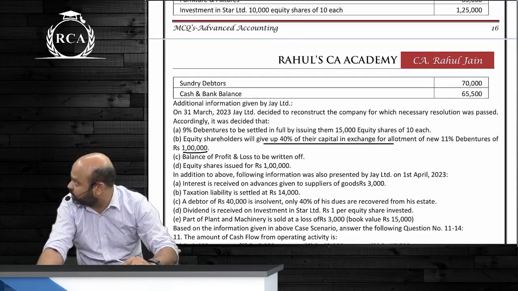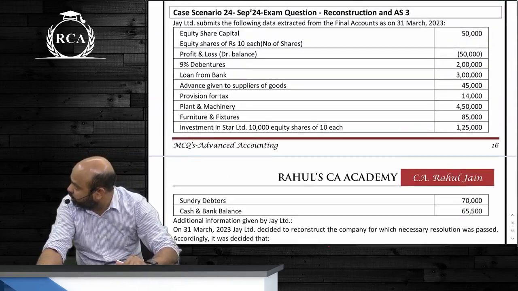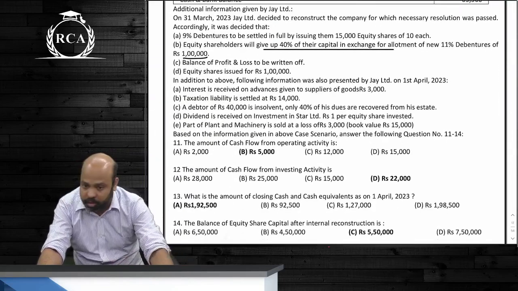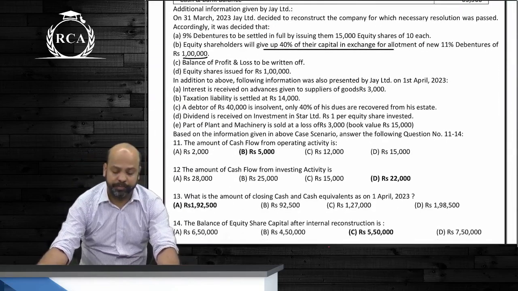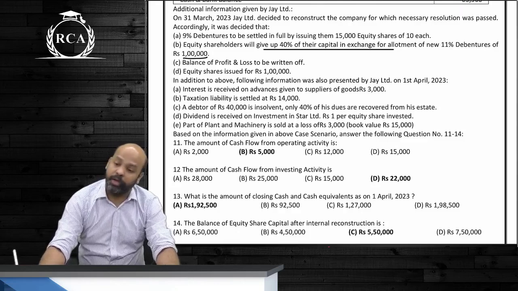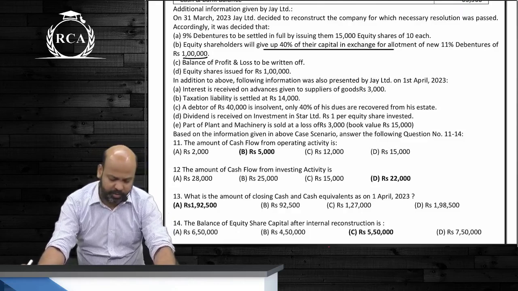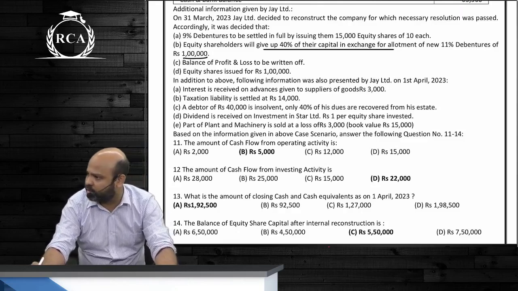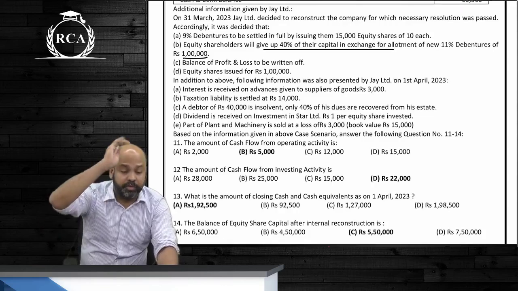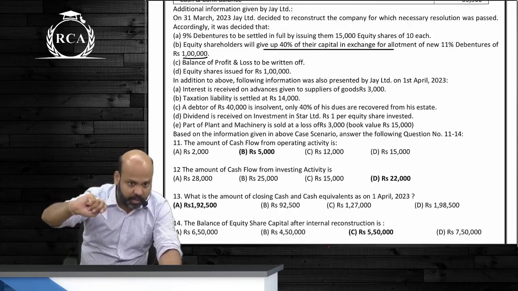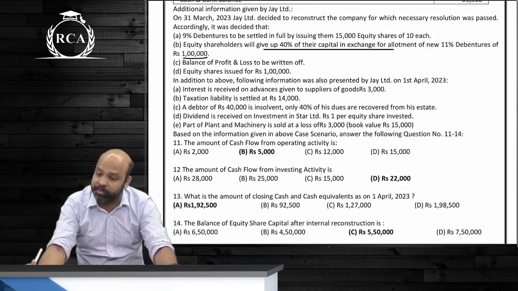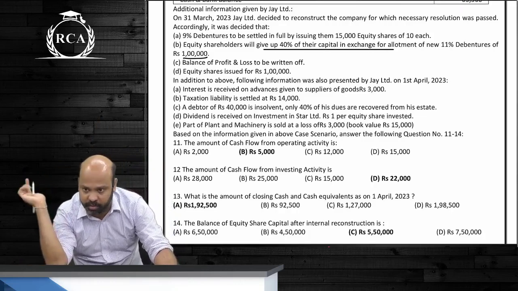The 9% debentures of 2 lakhs are now getting converted into equity share capital of 1,50,000. One question for sure will come out of company accounts, as this is the pattern they are following.